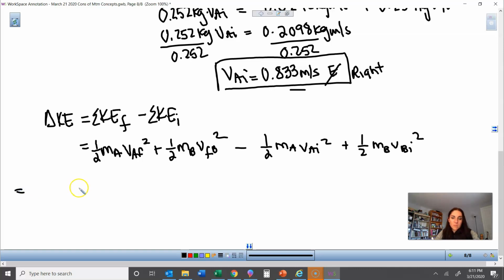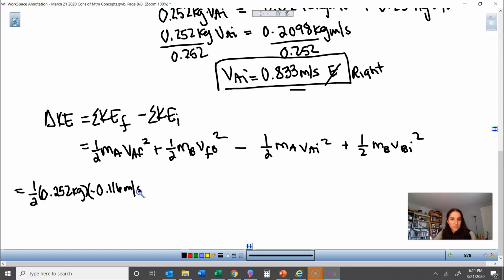Okay, so then, I mean, it's not hard. It just takes a long time to do this. It's just a lot of calculations. So 1/2 the mass of the A, oops, A is 2.52, times its final speed, which was 0.116.